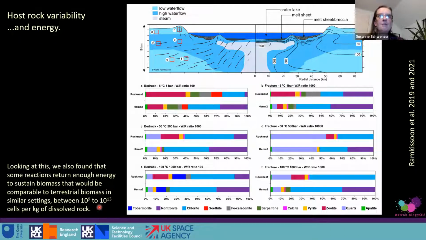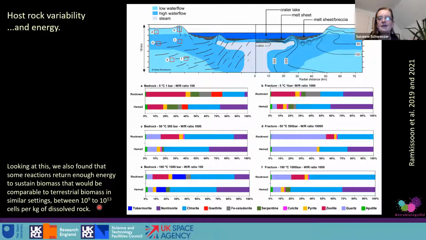And that is pretty much similar to what you would find on Earth. So this is an assessment of, yes, Mars is habitable in theory. We've got water, we've got all the ingredients, but here's a number that you can actually point to and say, this is how many cells this crater in a basaltic environment as found on Mars could sustain.